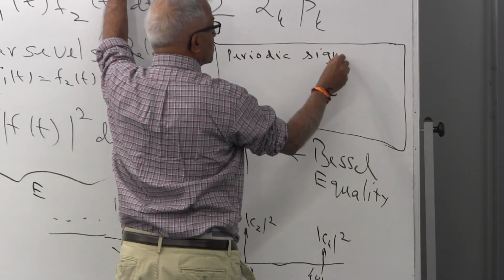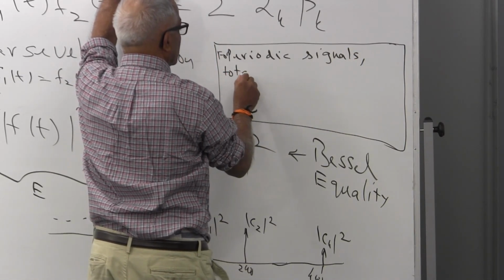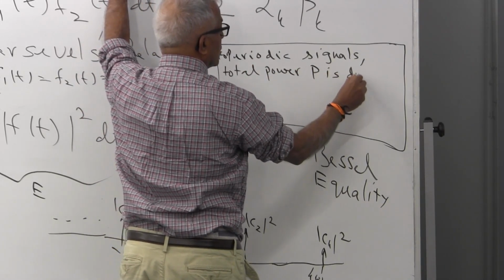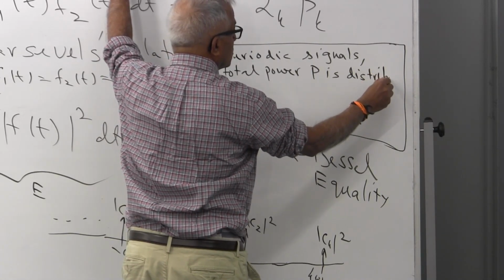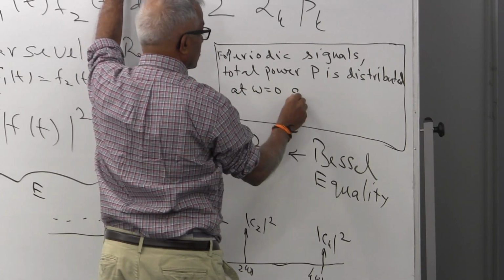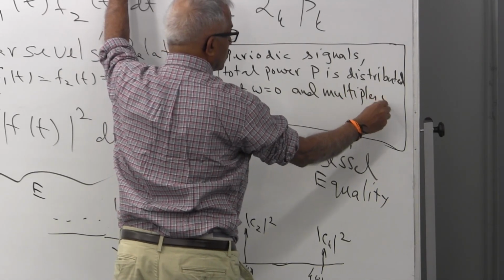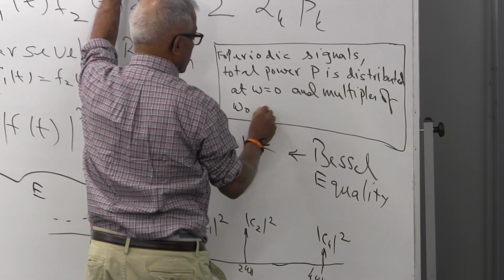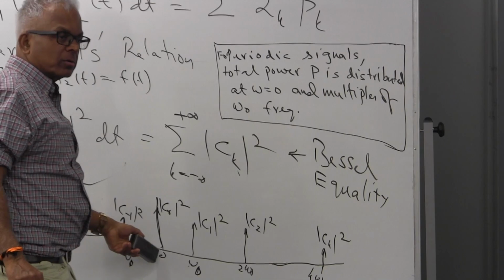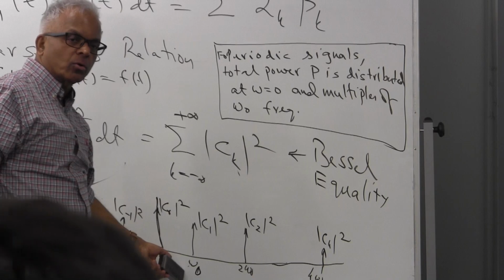For periodic signals, total power: there is some power at the origin, then all the other powers are at multiples of this frequency called omega naught.